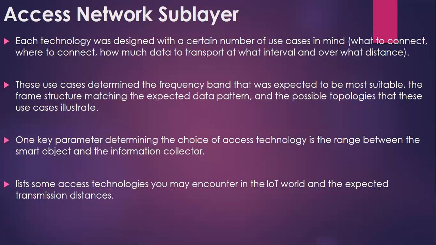If you are creating a network between a gateway and a device, these things should be considered. What are we trying to connect, how and where are we connecting them, what will be the data transmission rate, and what is the distance between the sensor and the gateway? Such questions will arise and should be addressed properly. For this problem, we have a solution in the next slide, and we'll see what those solutions are.